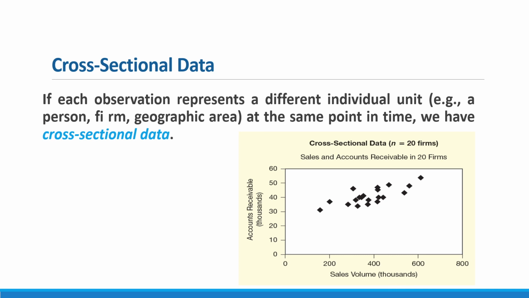So if you are considering the price of the index EGX30, it's the same unit, and we are considering the price at different units of time. In this case, it's a time series. But in cross-sectional data, we are considering the price of all the stocks at some point in time.